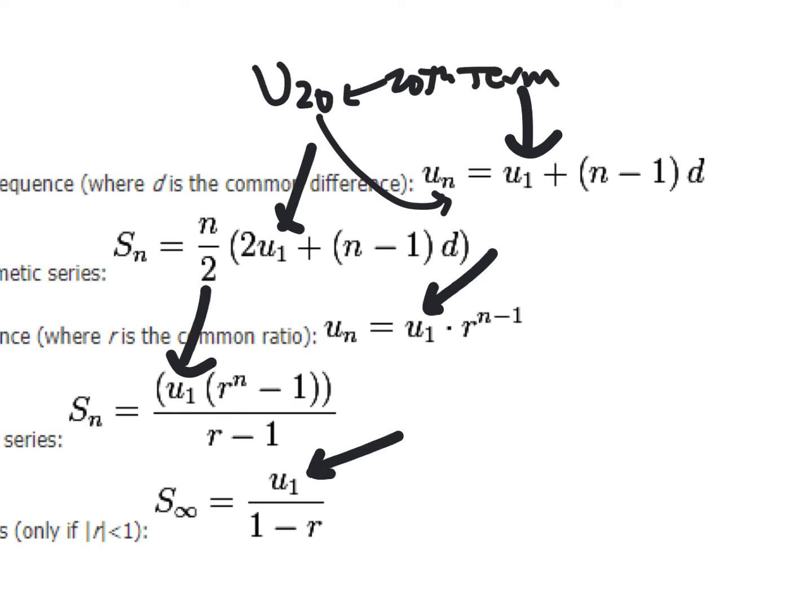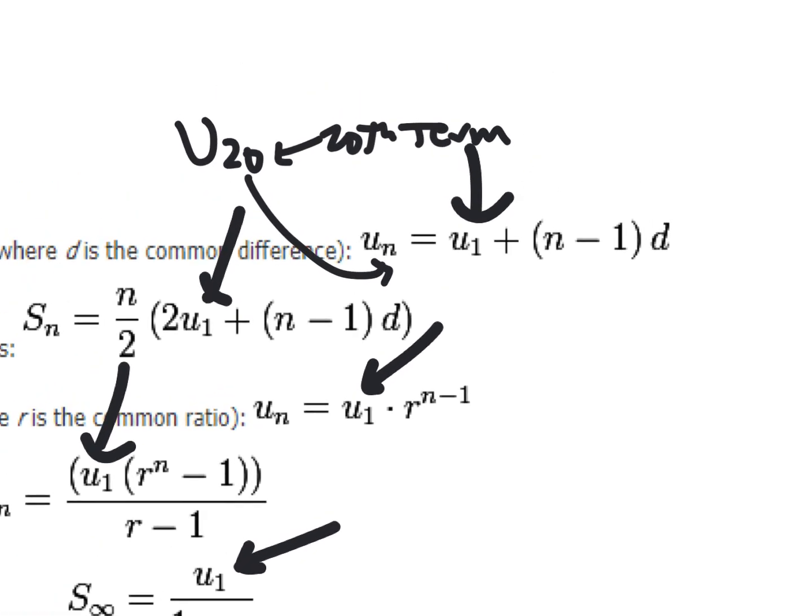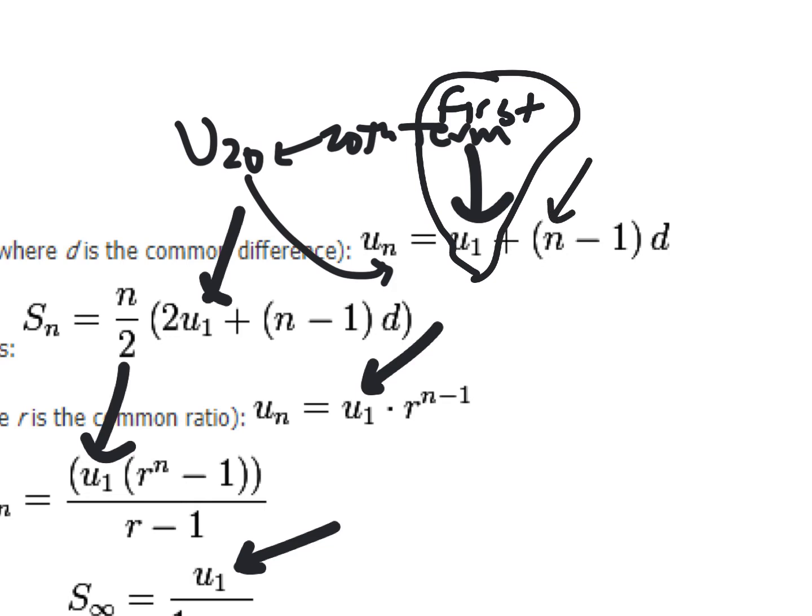Okay, this is the first term. This one here, first term is that. N is the same exact N from this. It's which term you're on. Minus 1 is pretty self-explanatory, and D is the common difference.